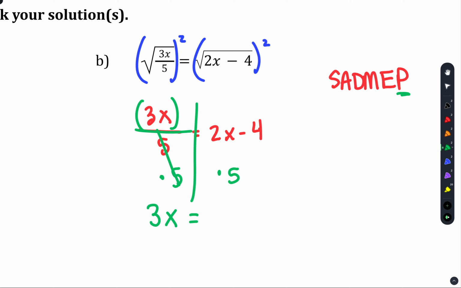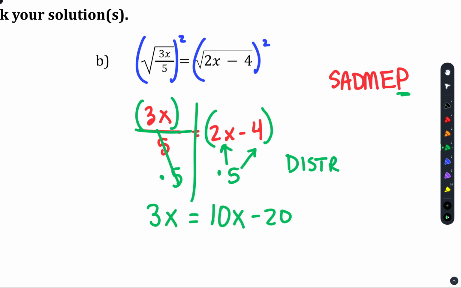That's 3x. However, this is an important part. If I have 2x minus 4 times 5, guess what? Both of those things are getting multiplied. I'm going to multiply the 5 to the 2x, making 10x, and I'm going to multiply the 5 to the negative 4, making 20. We have to distribute here.